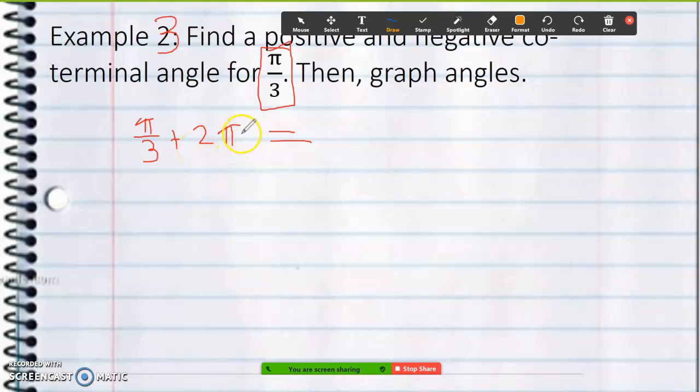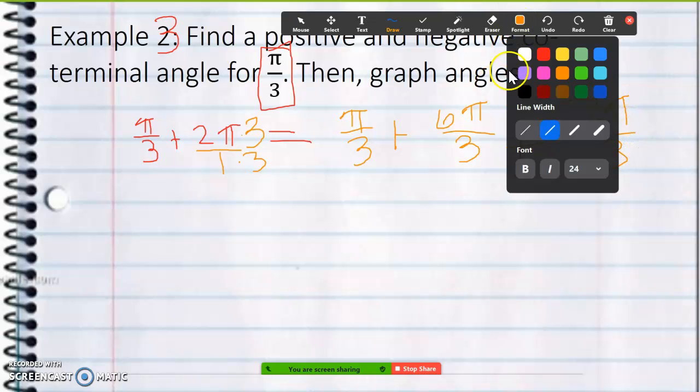So first I'm going to make this a fraction. I need a 3 at the bottom, so I'm going to multiply the top and the bottom of the second fraction by 3. I'm still going to have pi over 3 for my first fraction. My second fraction is 2 pi times 3, which is 6 pi, over 1 times 3, which is 3, because 6 pi divided by 3 is my original 2 pi. So pi plus 6 pi is 7 pi over 3.